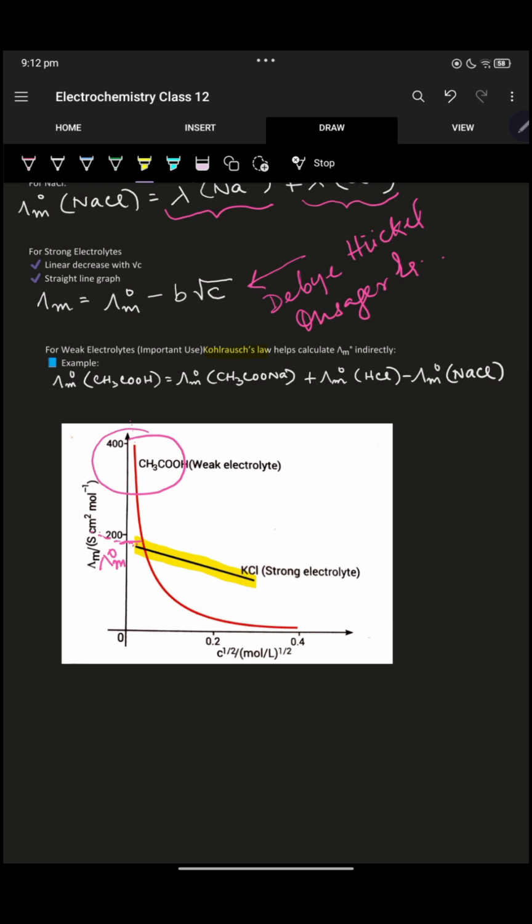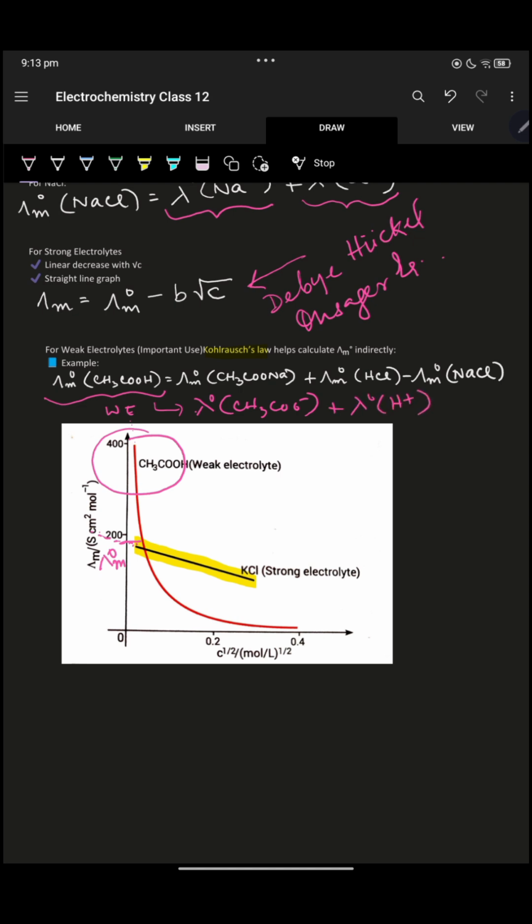So lambda m naught of acetic acid, CH3COOH, which is a weak electrolyte, gives lambda naught for CH3COO minus plus lambda naught of H plus.